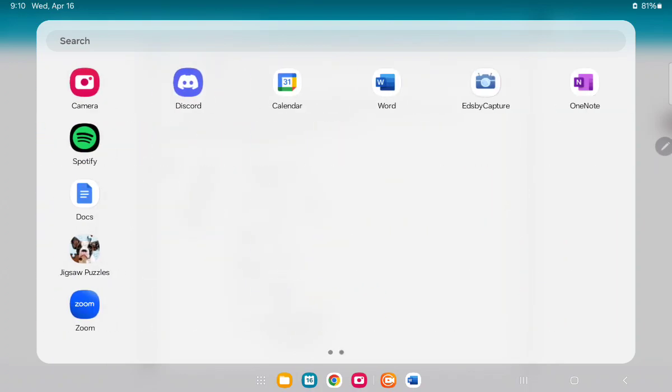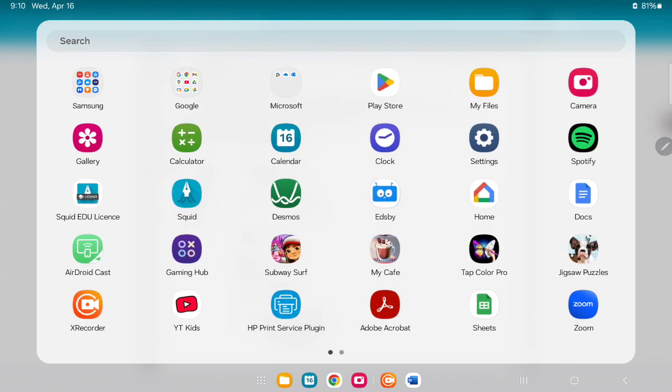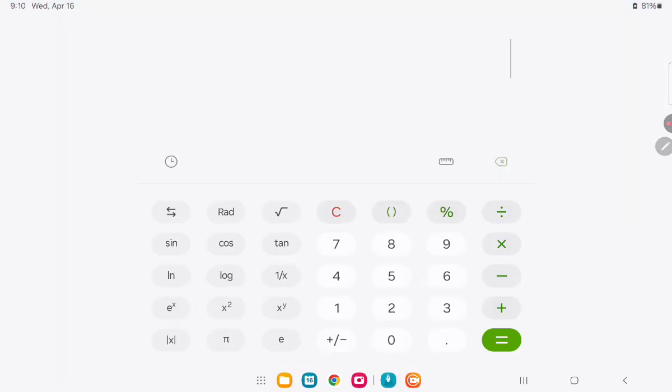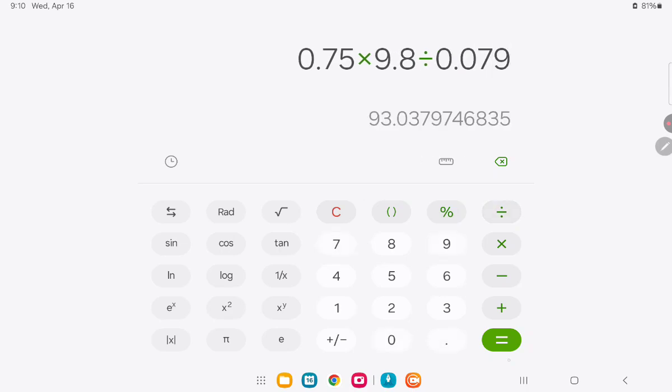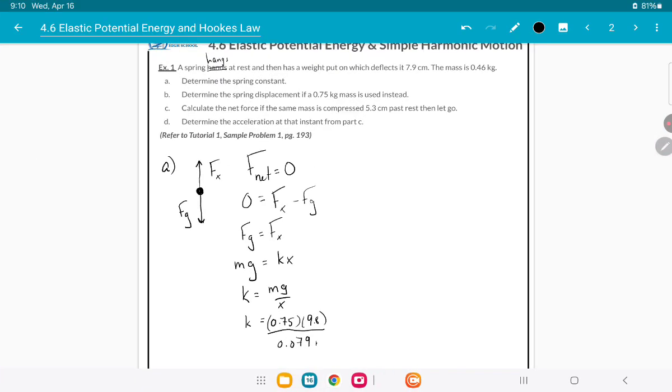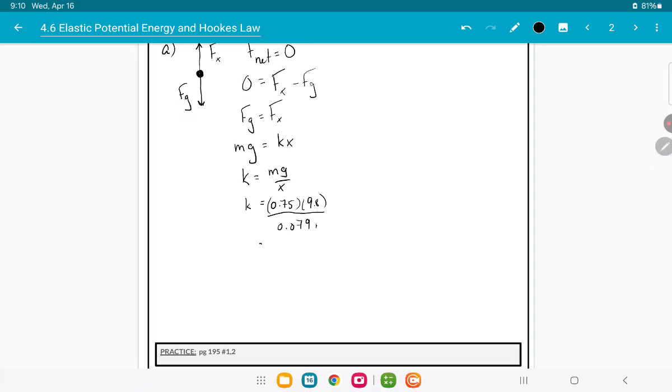Where's my calculator at? Okay, so we had 0.75 times 9.8 divided by 0.079. So 93, 93 newtons per meter.